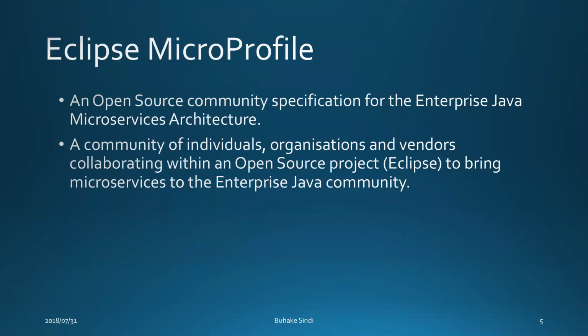They joined to create an open source community under Eclipse to form a microservices architecture for enterprise Java. Prominent members include IBM, Payara, Red Hat, to name but a few, and also some Java communities like the London Java community.